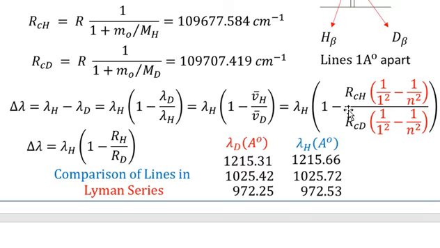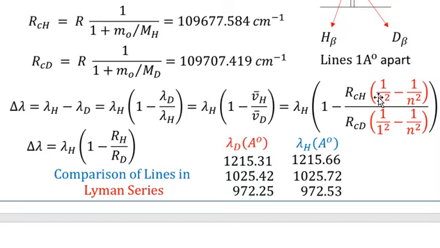If you plug in their values using the Bohr series formula for the Lyman series, you have 1 minus the corrected value R_CH for the hydrogen atom multiplied by the parenthesis 1 over 1 squared minus 1 over n squared, for the transition from the state n to the state 1.